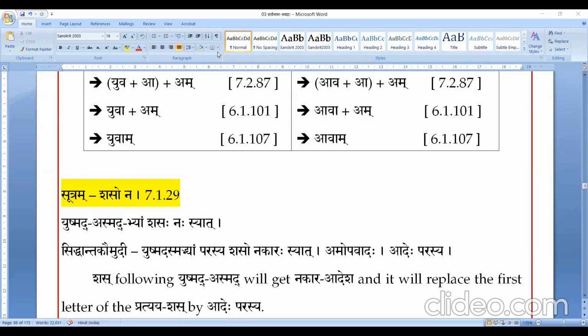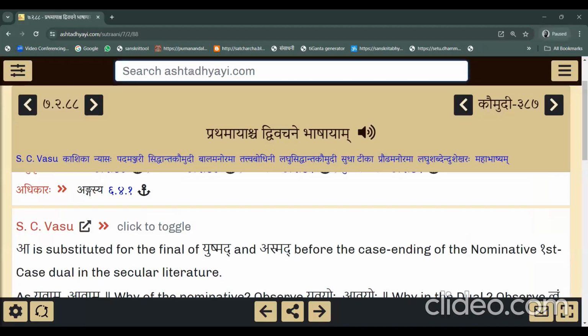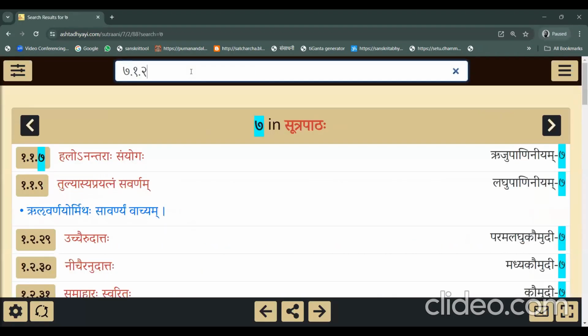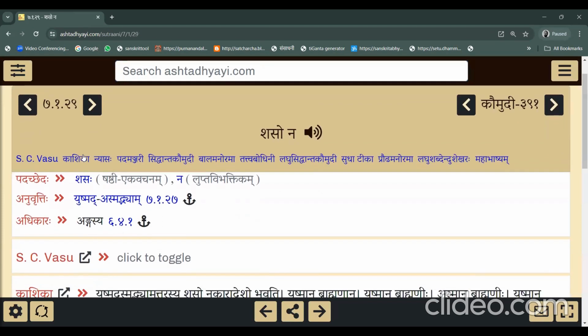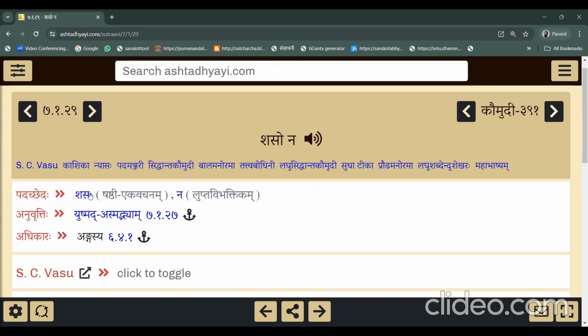Therefore, by the Paribhasha Adeh Parasya.